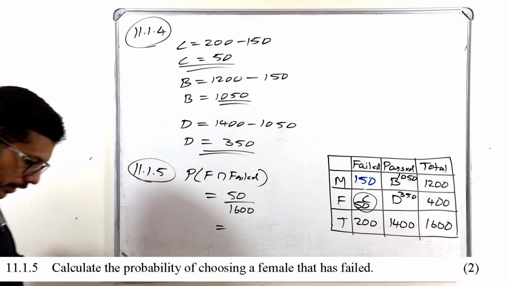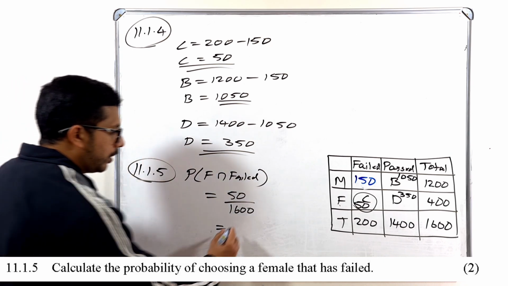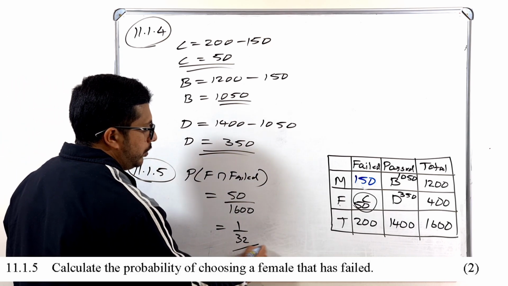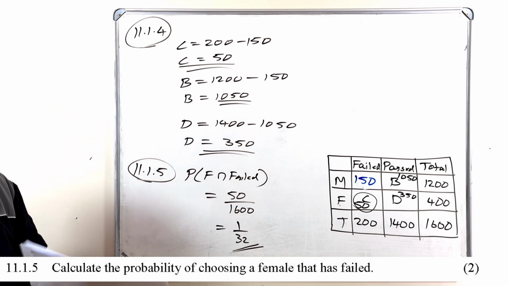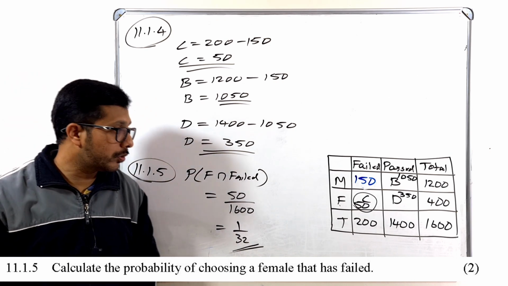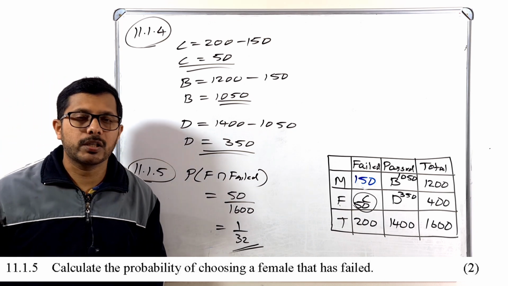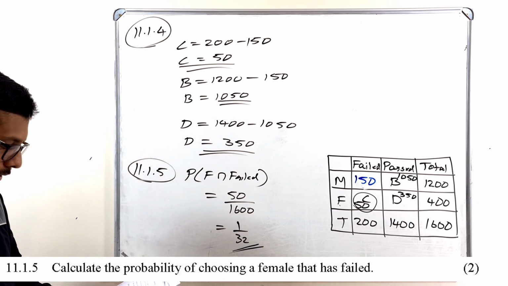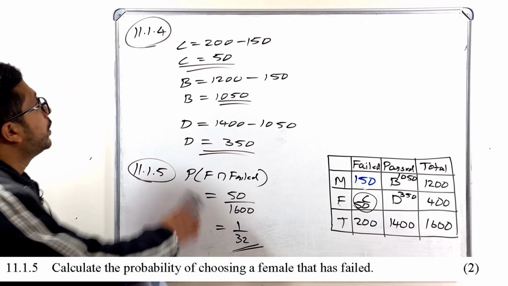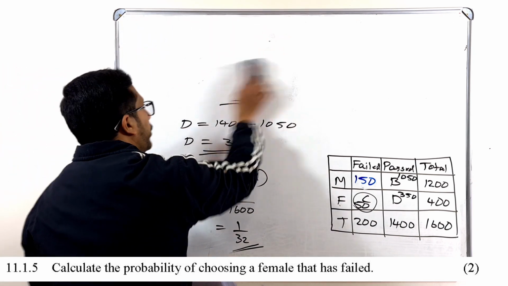Check in your calculator what the simplified one is. 1 over 32. Female and failed, so total how many? 50. So overall total is 1600. So what is the probability? 50 by 1600. Okay, so that is question number 11.1.5.